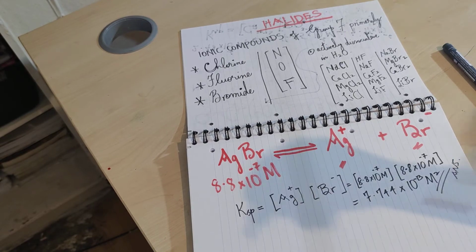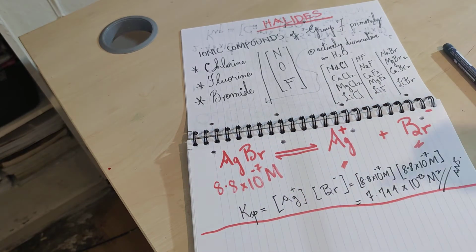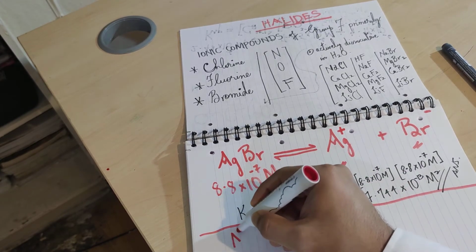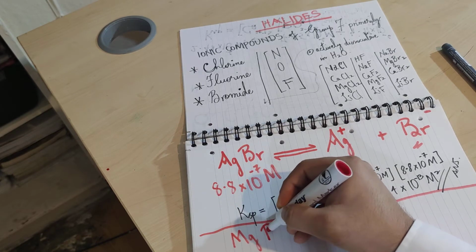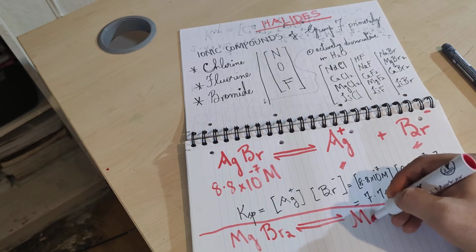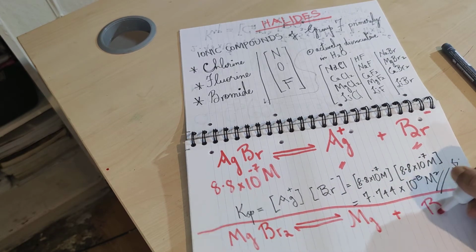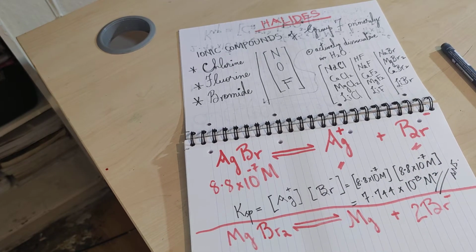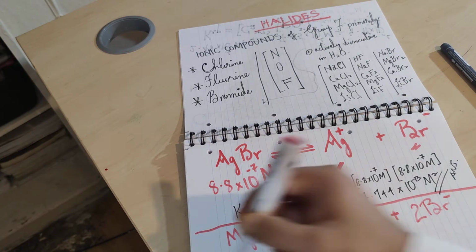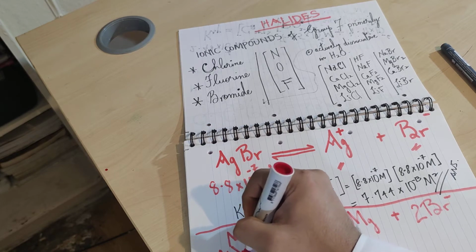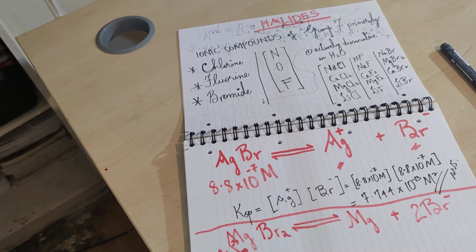And if you got a question in paper 5 stating that magnesium bromide is being dissolved and the molality is 0.27 grams per dm cubed, what would be the solubility product?